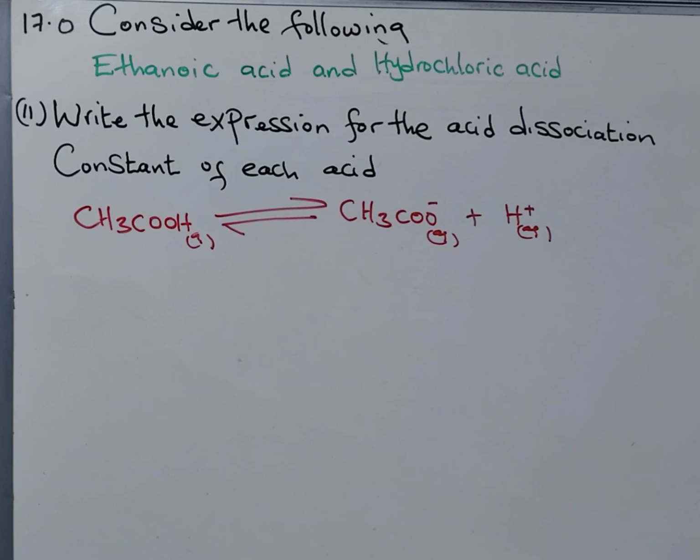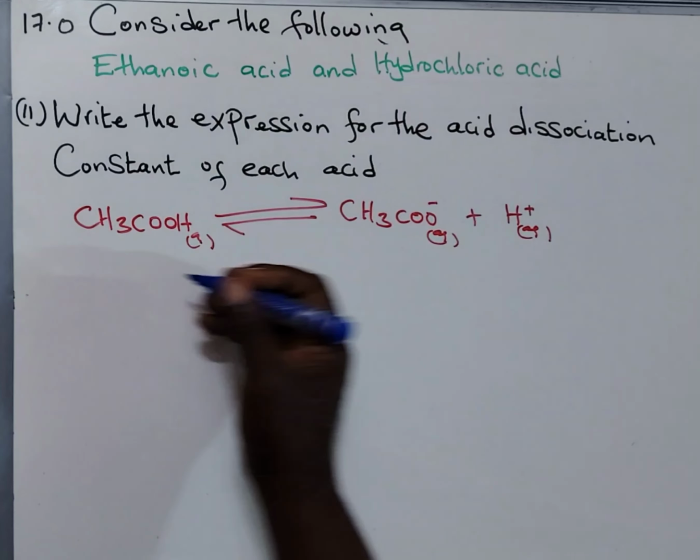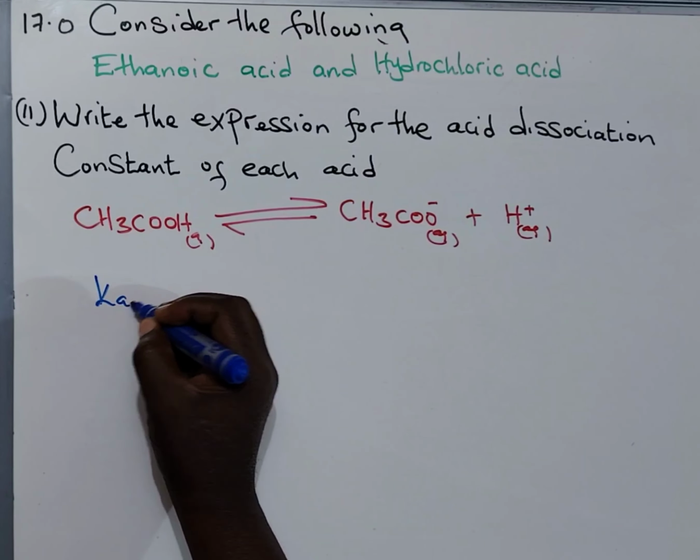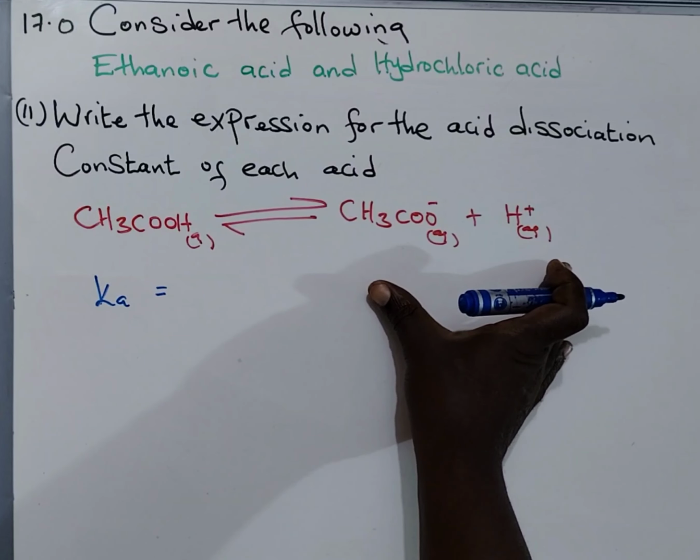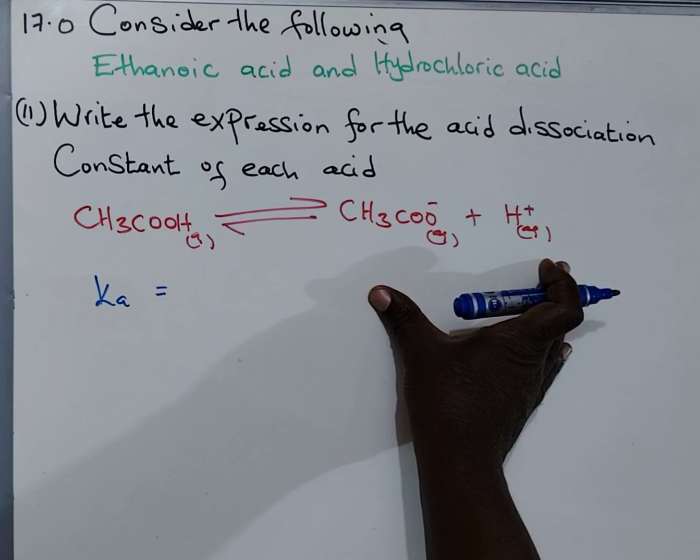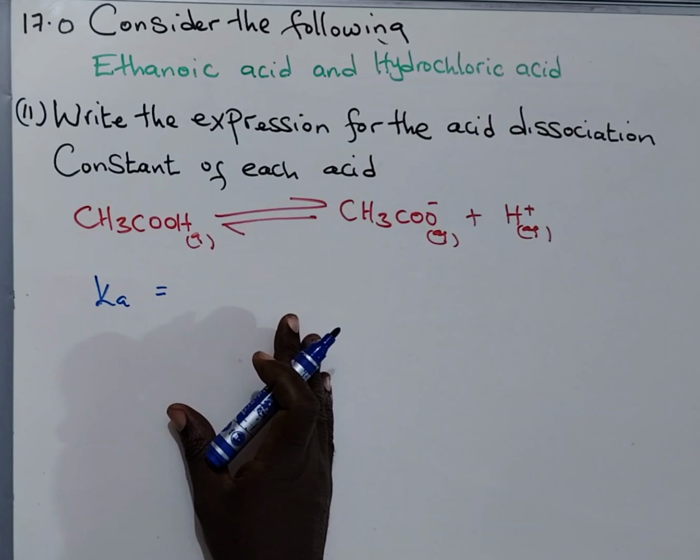If we intend to write the Ka expression, what do we do? We write it the same way we write the equilibrium constant. We are going to have the concentration of the products over the concentration of the reactants.